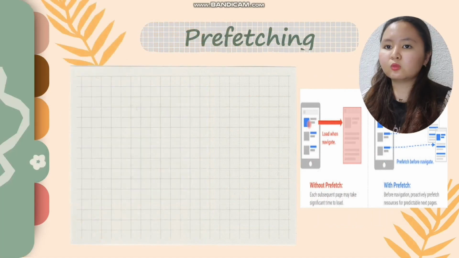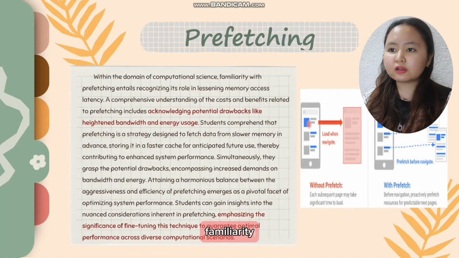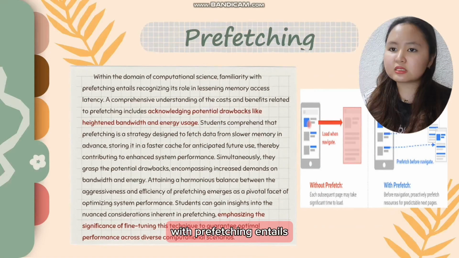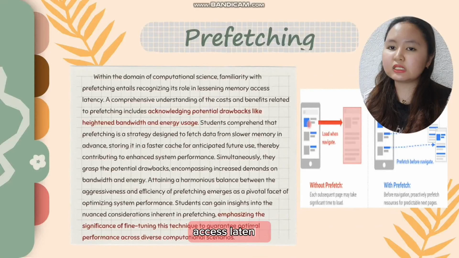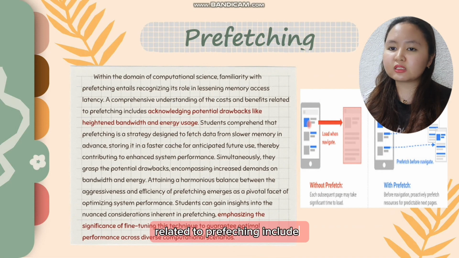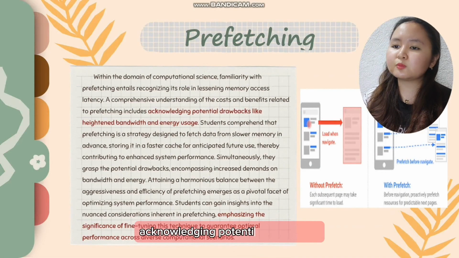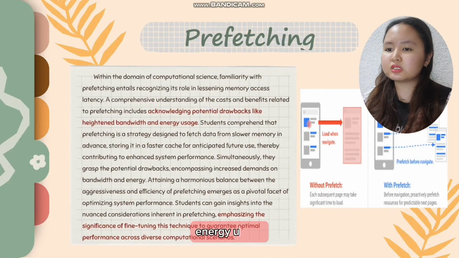efficiency. Within the domain of computational science, familiarity with prefetching entails recognizing its role in lessening memory access latency. A comprehensive understanding of costs and benefits related to prefetching includes acknowledging potential drawbacks like heightened bandwidth and energy usage.